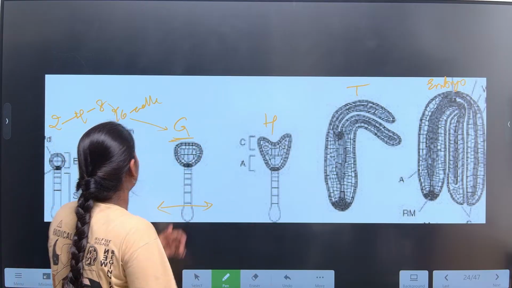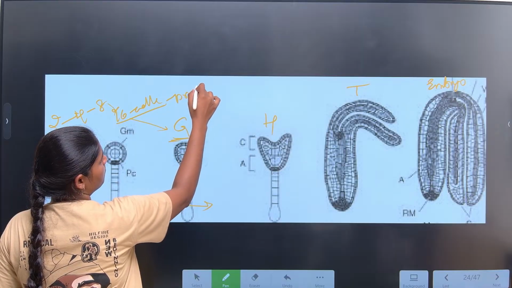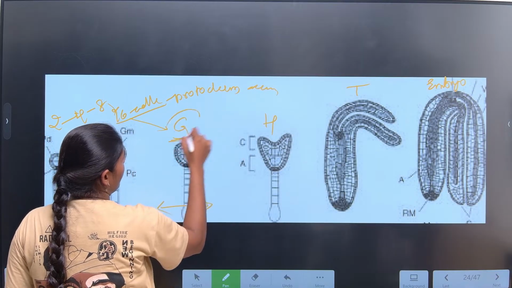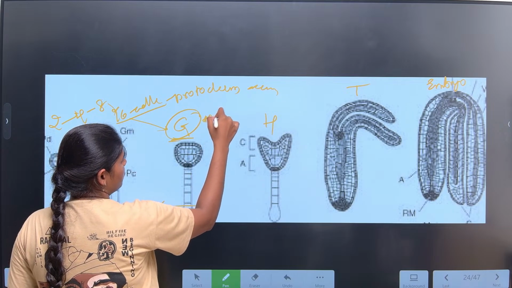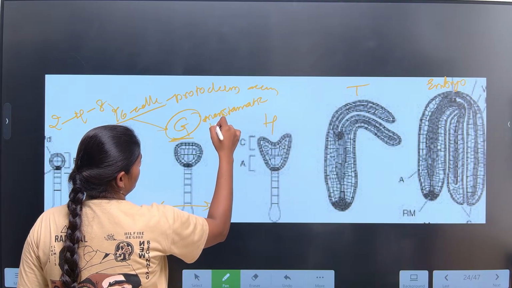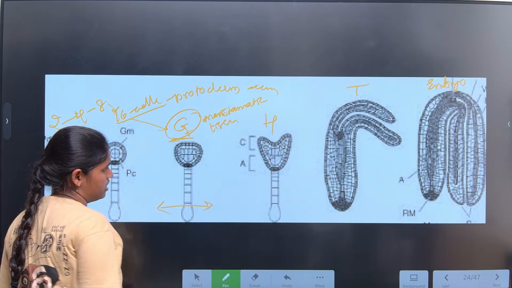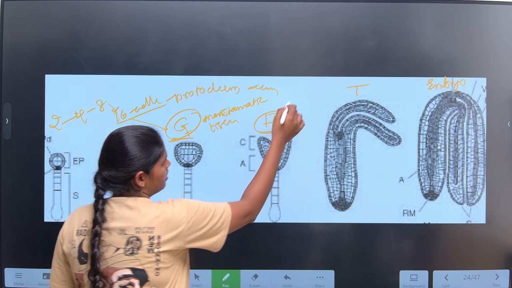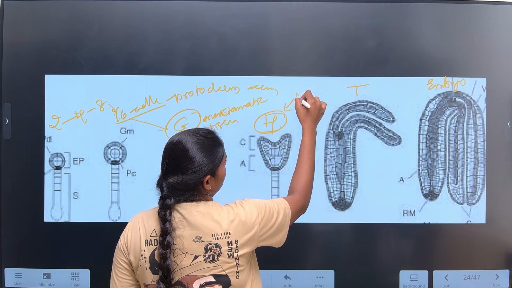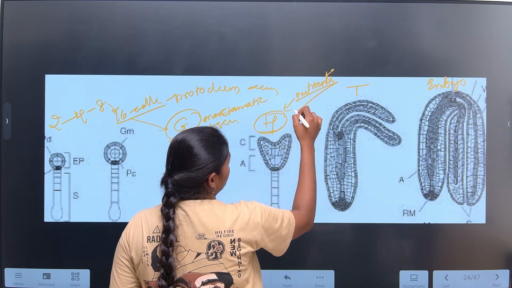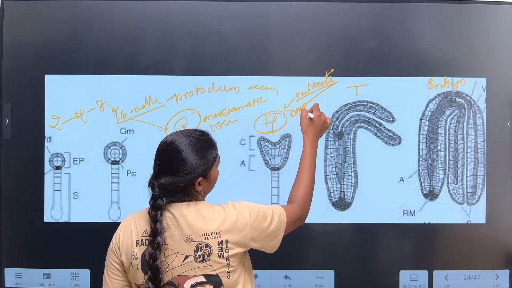So just at 16 cell, the protoderm will be accumulated here, and other meristematic tissues start depositing at globular stage. But when we come to the heart stage, this is the stage where it will provide nutrients. It accumulates nutrients like carbohydrates and all.